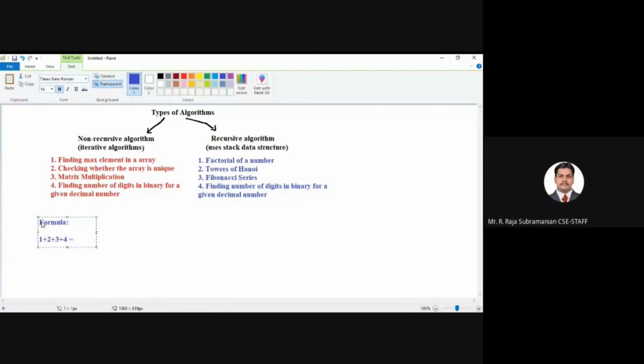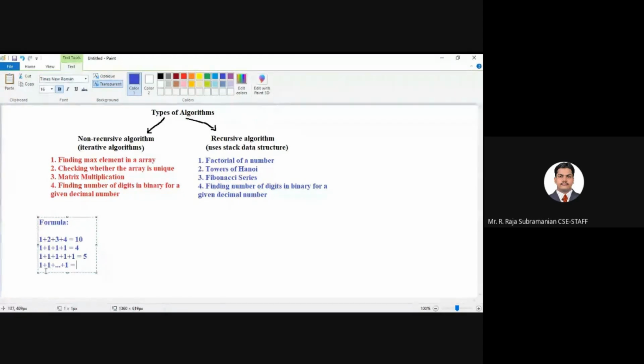10. What is 1 plus 1 plus 1 plus 1? 4. 1 plus 1 plus 1 plus 1 plus 1? 5. 1 plus 1 plus dot dot dot plus 1, where there are many ones.